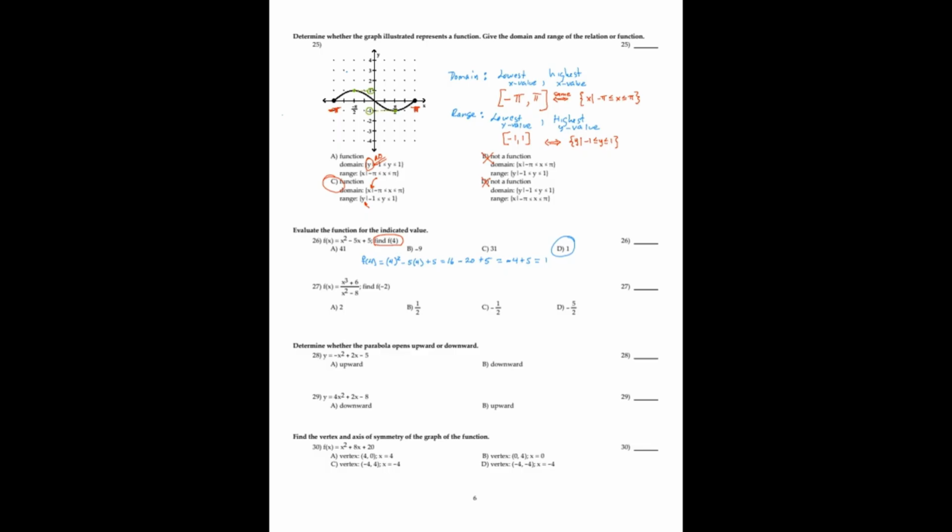Now, f of negative 2. Next, f of negative 2. We have a new function, x to the third plus 6 over x squared minus 8. You say, okay. F of negative 2 is negative 2 to the third plus 6 over negative 2 squared minus 8.